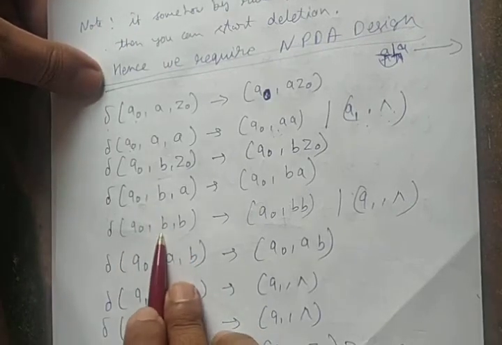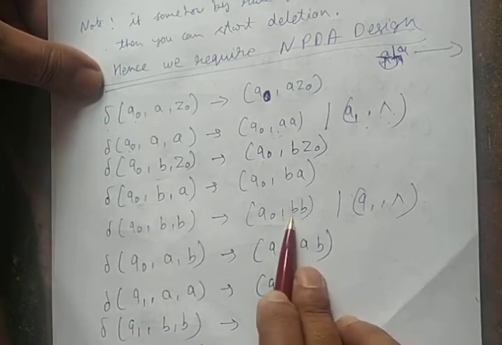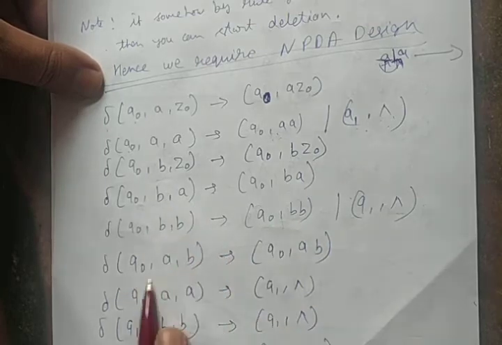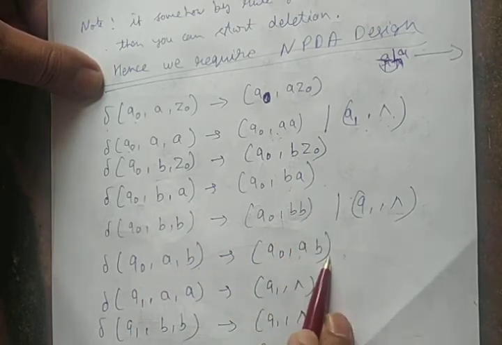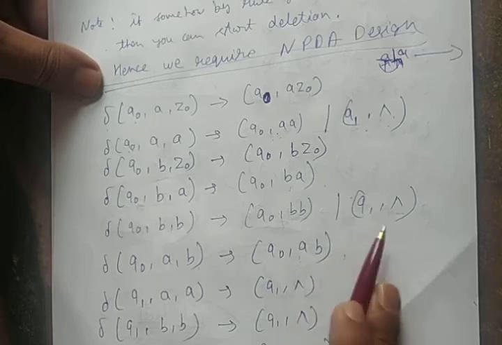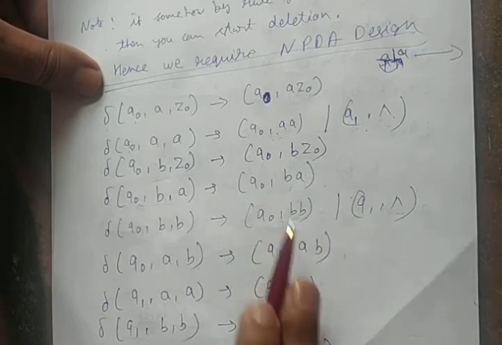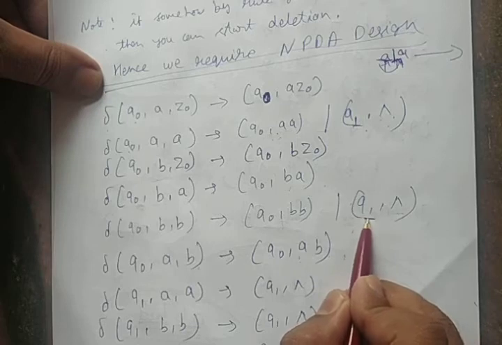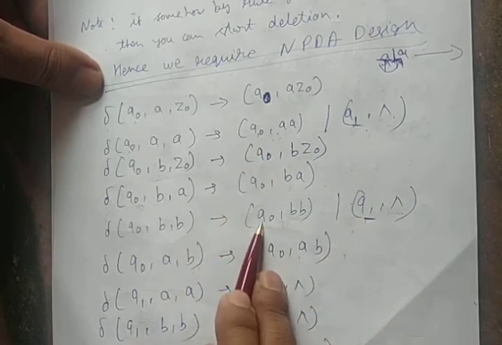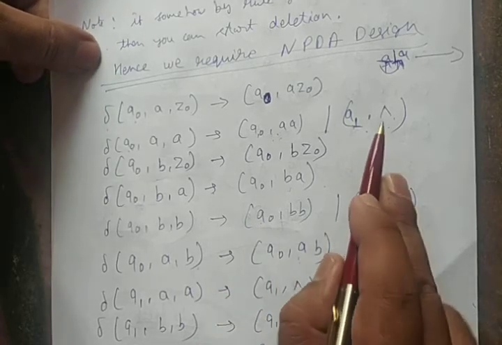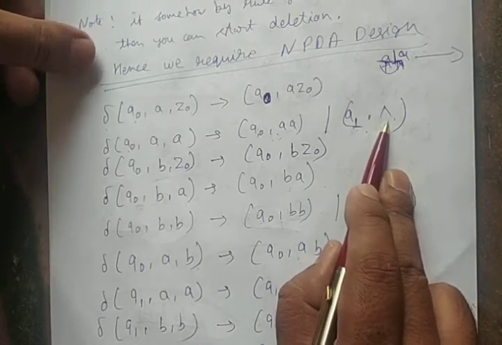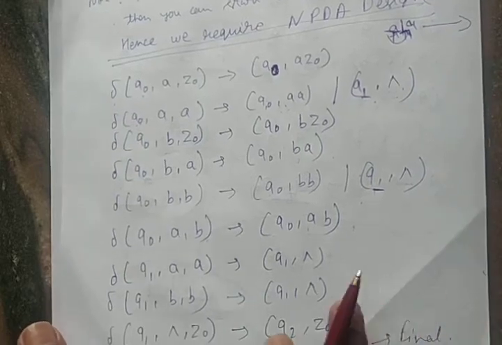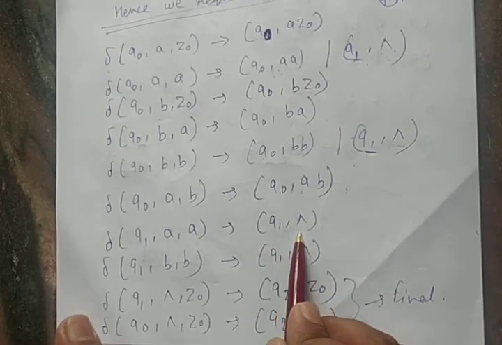Similarly, once I have double B, I'll either insert or delete. On the other hand, if I have BA or AB, I already know that these are not palindromes. So before I start a deletion, I can straight away insert. That is the main reason that for deletion I have used the state Q1, and for insertion everything is in Q0. Once even a single deletion is performed, it means I have gone beyond my midpoint, and hence the only thing possible is deletion.